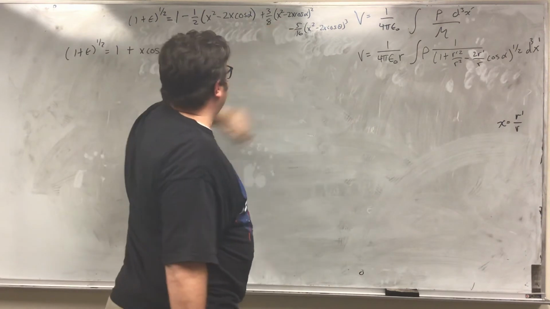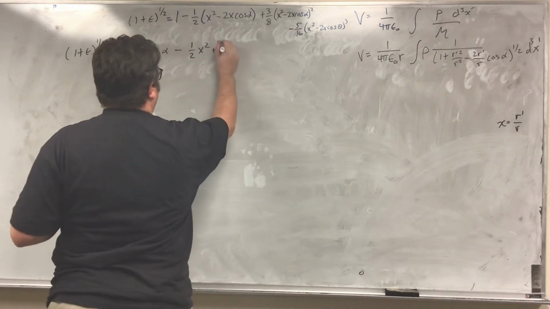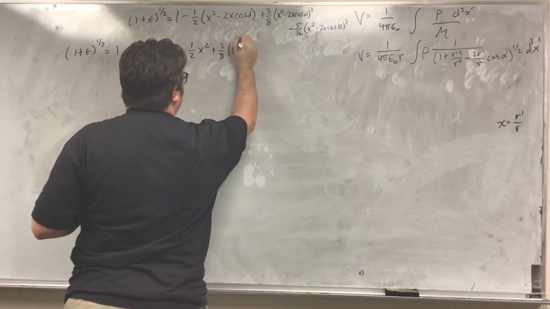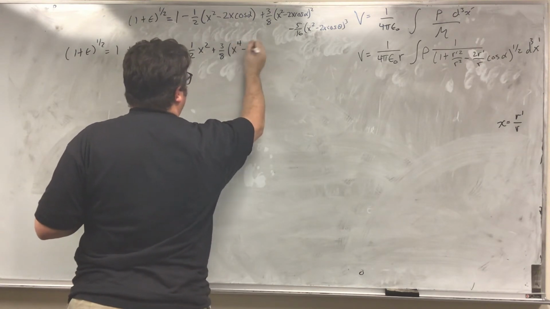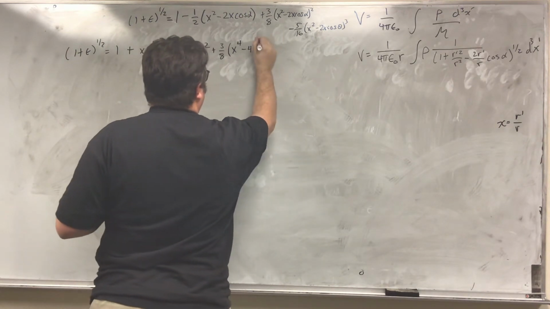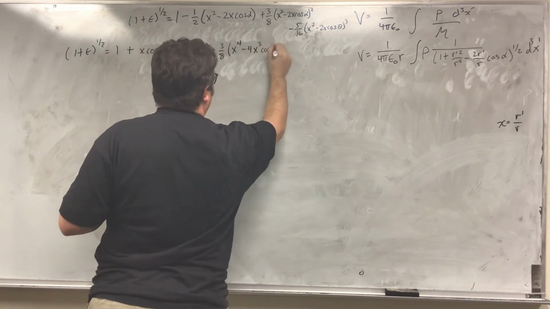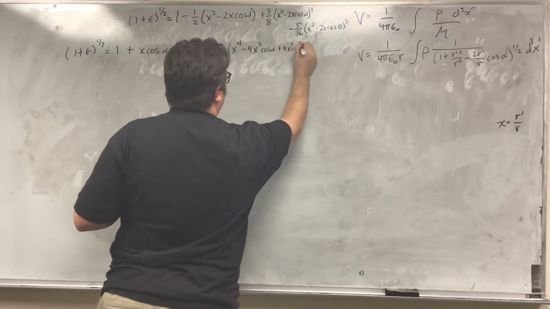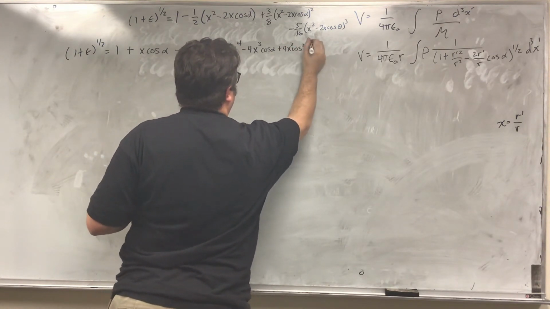Next, I'm going to square this, so plus 3/8, and I'm going to have x to the 4th minus 4x cubed cosine alpha plus 4x squared cosine squared alpha.